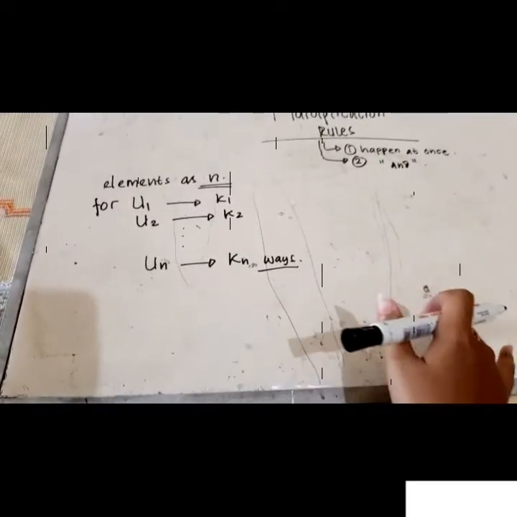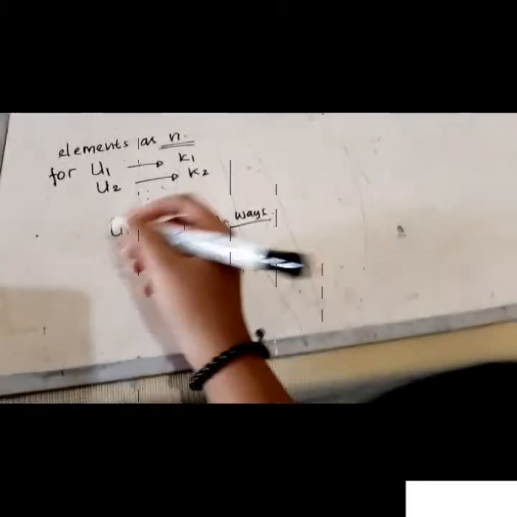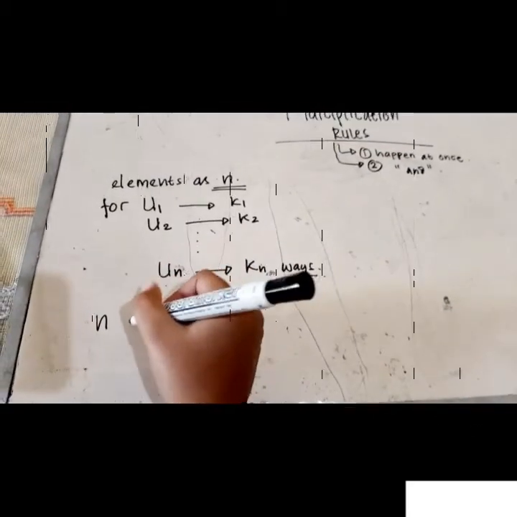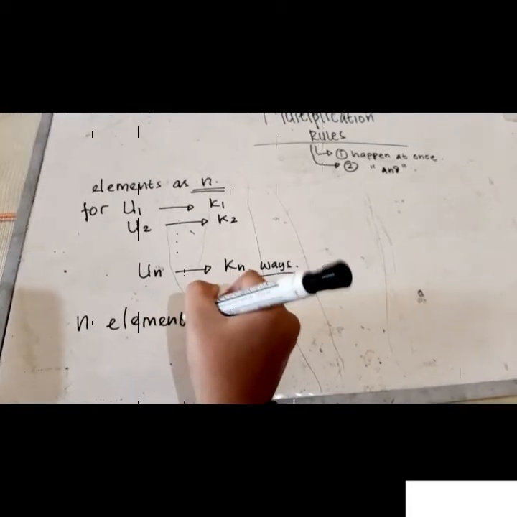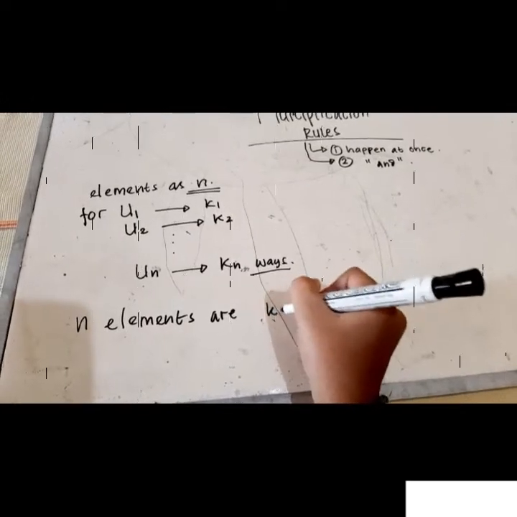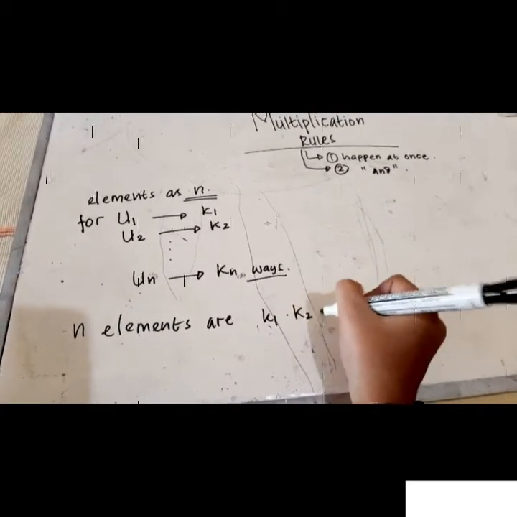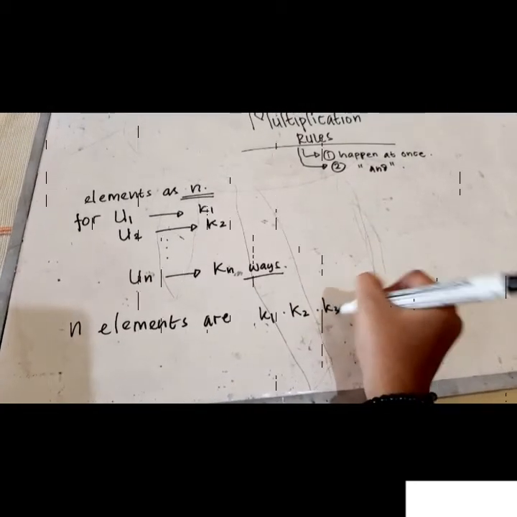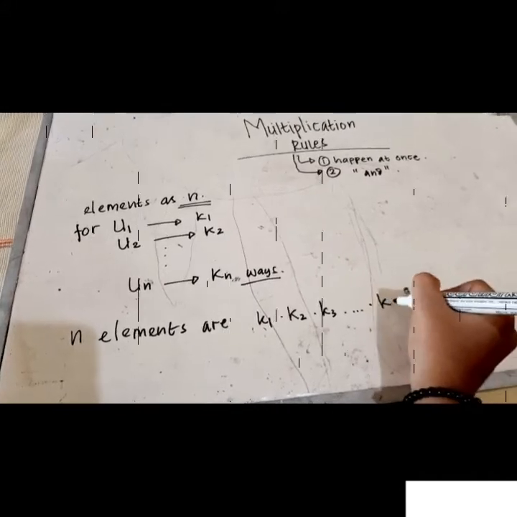Therefore, the number of ways of arranging the elements is K1 times K2 times K3 times ... times Kn.